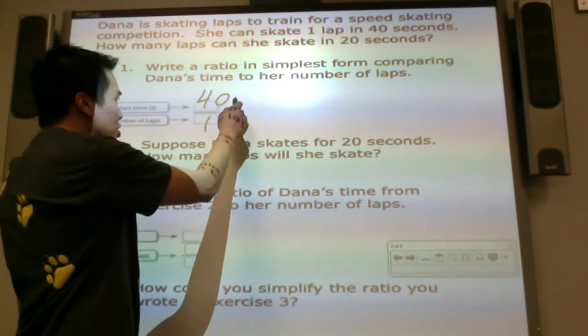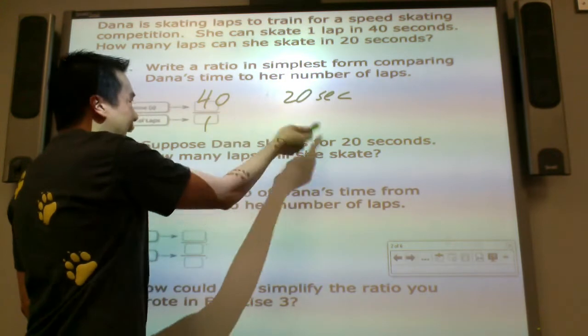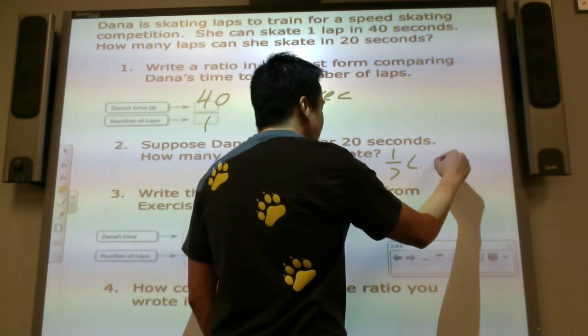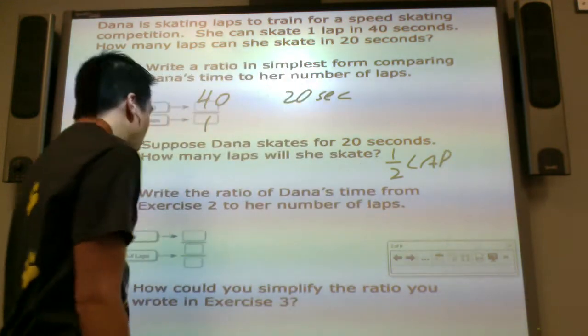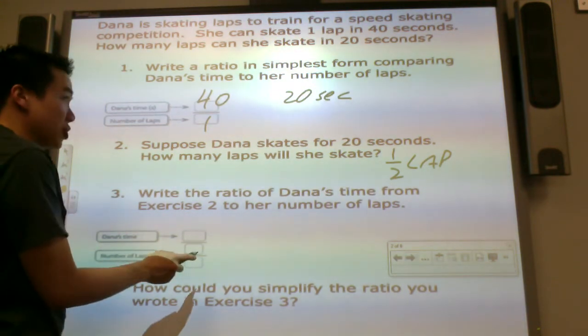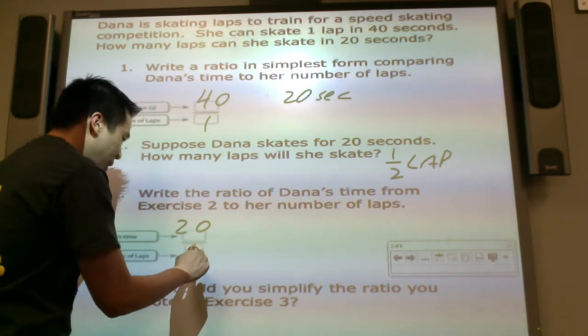So if she only skates 20 seconds, isn't that half of what she did? So it's half of a lap. Write the ratio of Dana's time from exercise 2 to her number of laps. So what was her time? 20 seconds. How many laps can she do? 1/2.